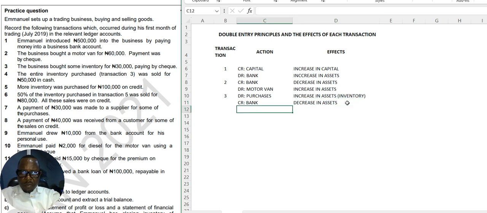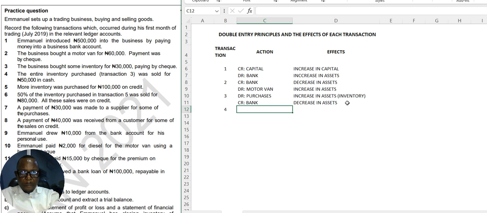Right. The next line says what? Transaction 4. The entire inventory purchased in 3 was sold for 50,000 naira. Okay, that means sales, is that not so? What will you do?